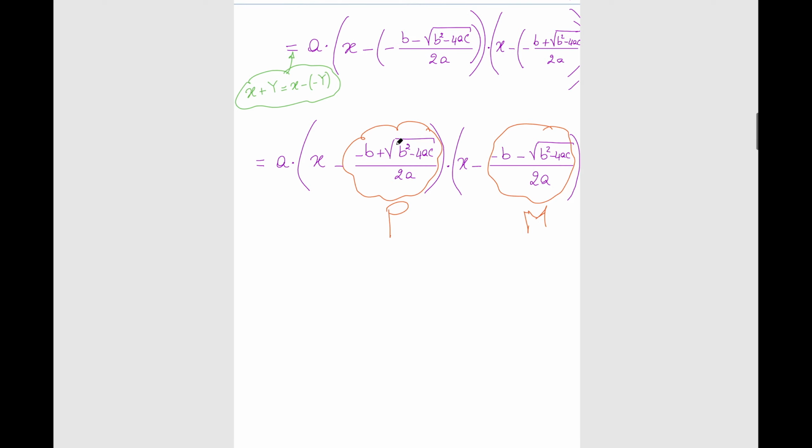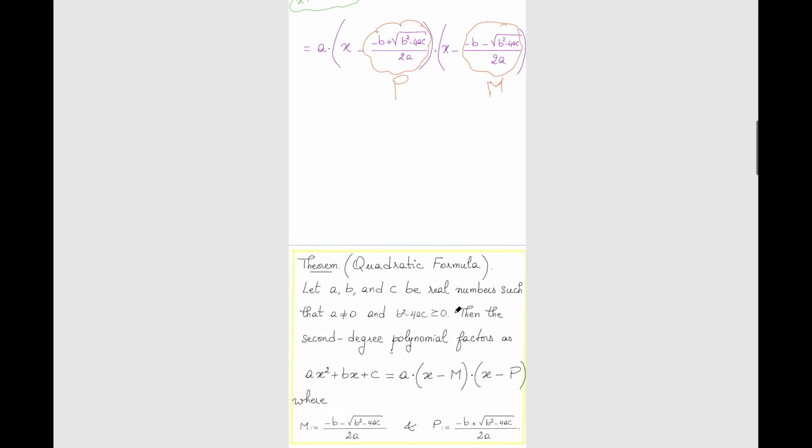Okay, and realize that p and m have to do with the a, b, c given, right? The recipes of p and m only involve a, b, and c, the a, b, and c given in the discussion. So p and m are known once you know what a, b, and c are.